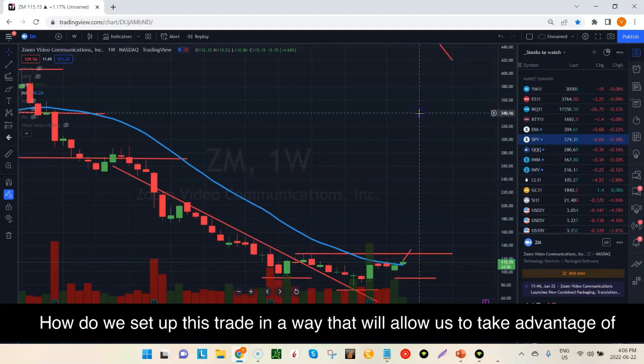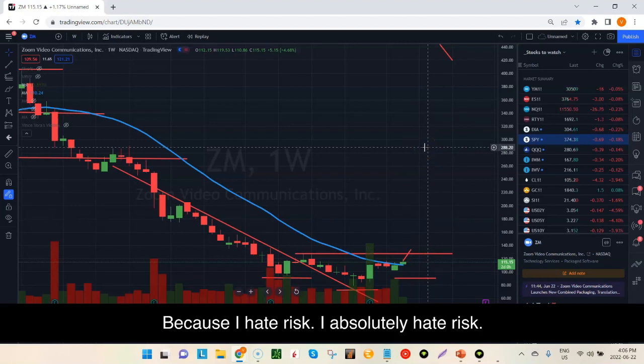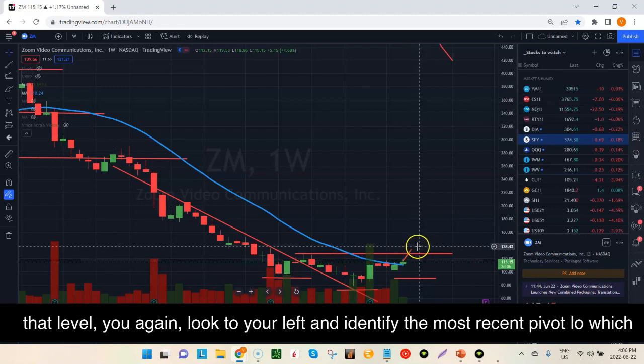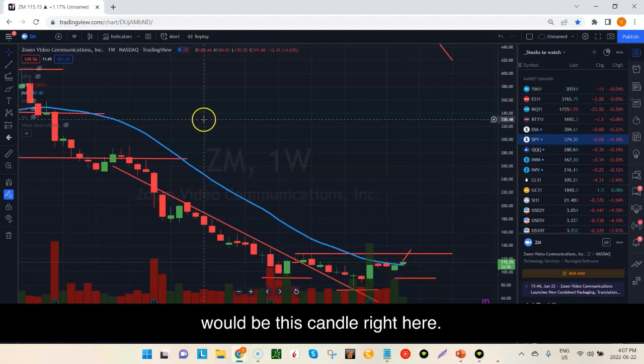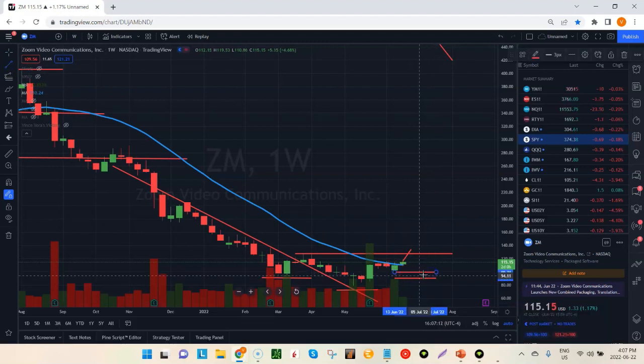How do we set up this trade in a way that will allow us to take advantage of whatever upside there is without risking too much? Because I hate risk. I absolutely hate risk. What you want to do is this. When it crosses that level and you go long, you buy at that level. You again look to your left and identify the most recent pivot low, which would be this candle right here. And that is where you put your stop, your initial stop.